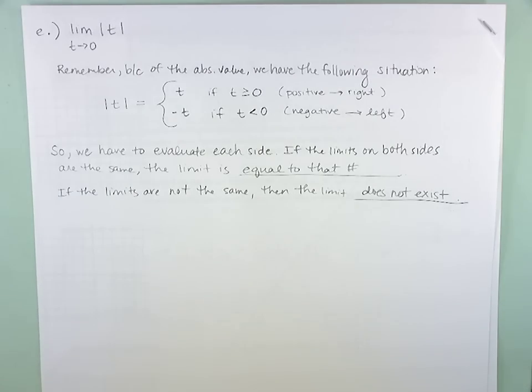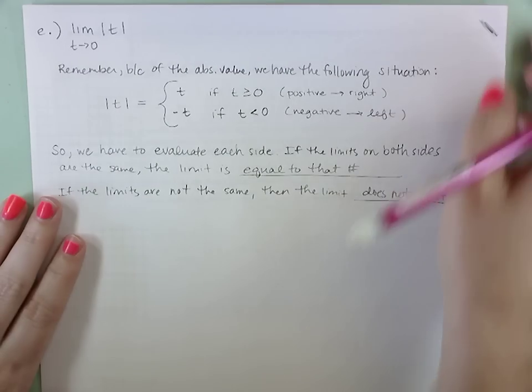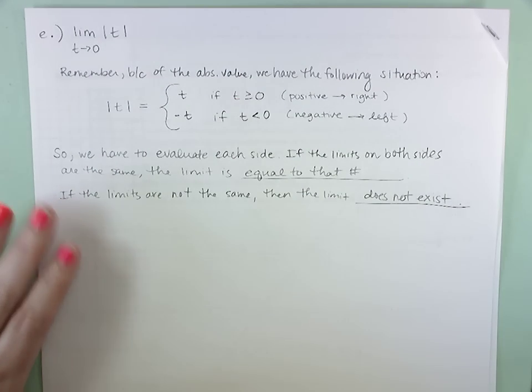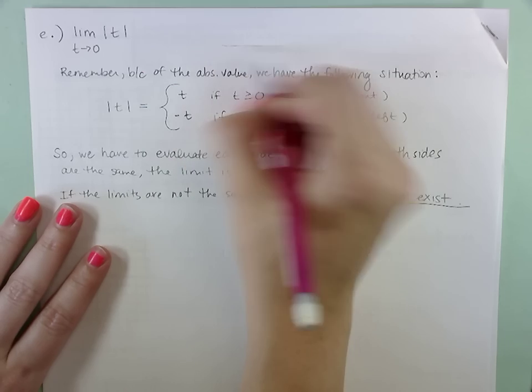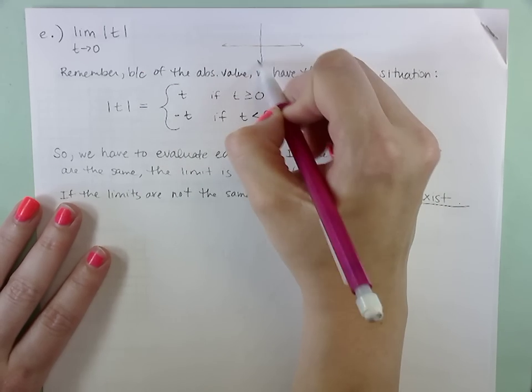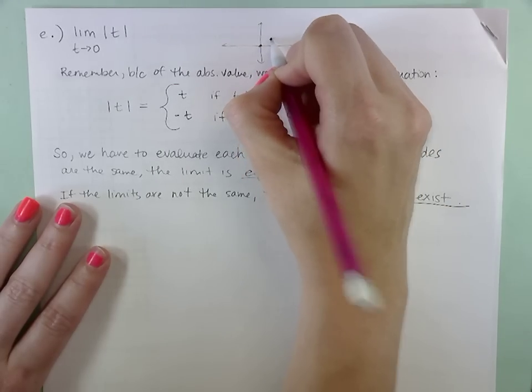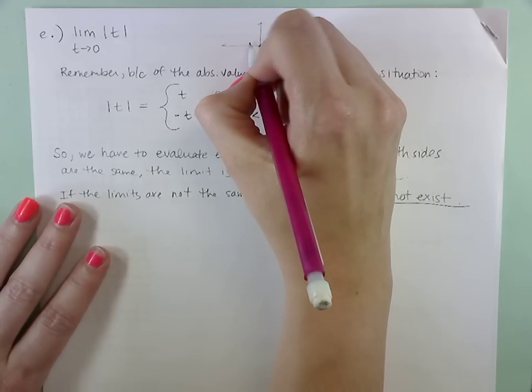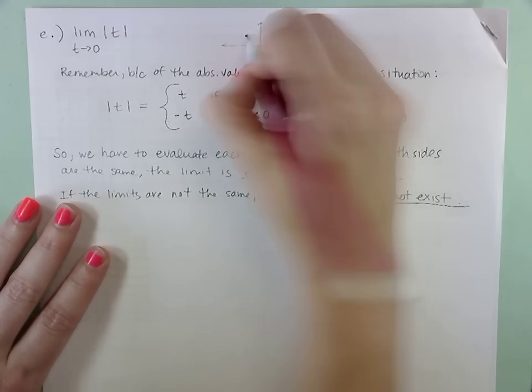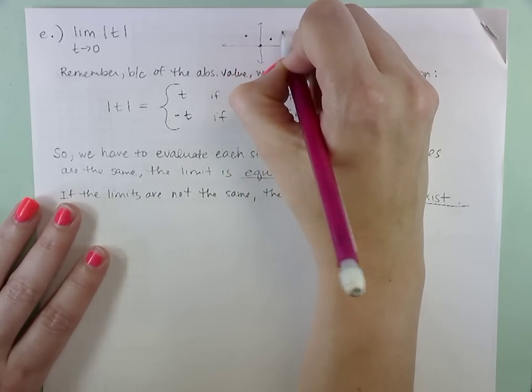Like we talked about before, if you are graphing this, it is going to be helpful to have a quick visual representation. If you plug in 0, you get 0. If you plug in 1, you get 1. If you plug in negative 1, what do you get? 1. You plug in negative 2, you get 2. If you plug in positive 2, you get 2.